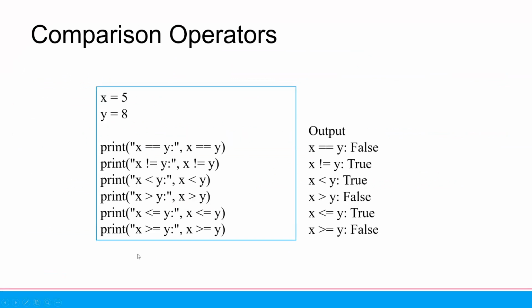Now, let's see. What is the result of this one? I have x equal to 5, and then I have y equal to 8.